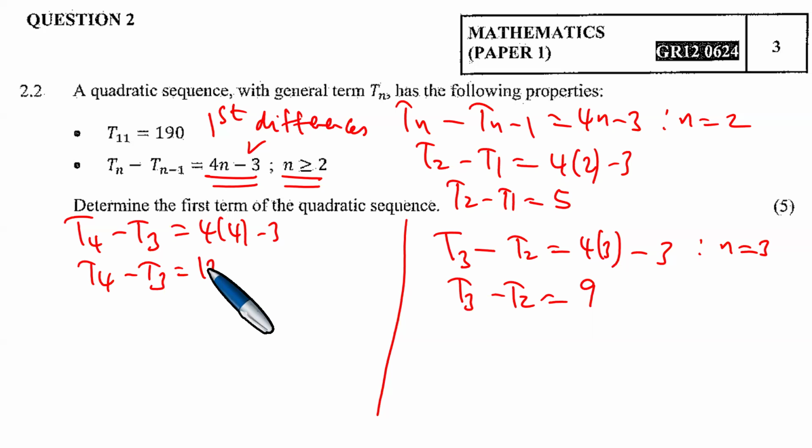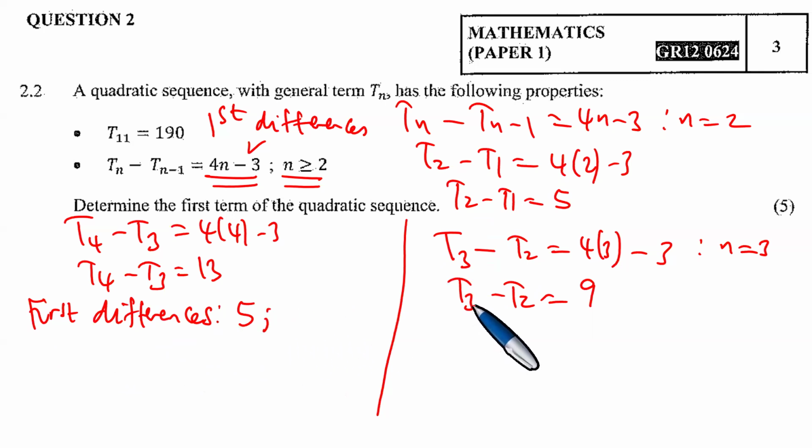And what is exactly the implication here? It means that the first differences, what are the first differences? The first differences would be T2 minus T1, giving us 5, T3 minus T2, giving us 9, and T4 minus T3, giving us 13, like so.